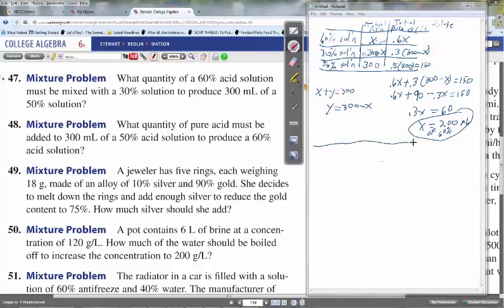Let's do 48 as well. So this is 47, 48. What quantity of pure acid must be added to 300 milliliters of a 50% acid solution to produce a 60%?